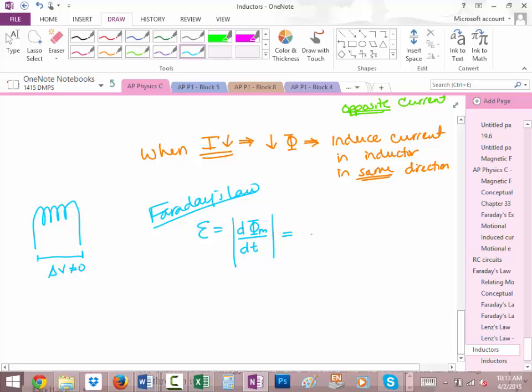That d phi dt we can also write as L times di dt, because phi is just equal to L times I. Is that an okay statement?